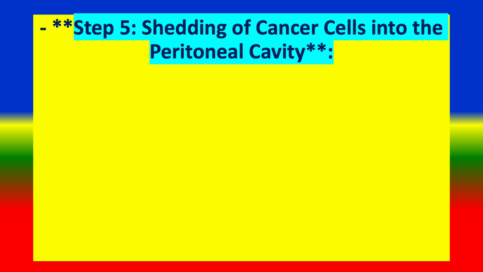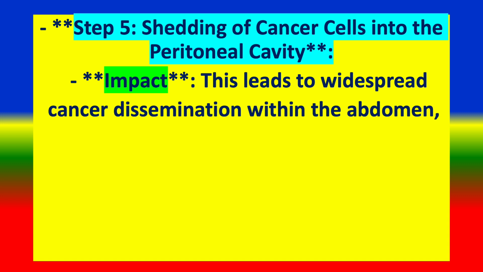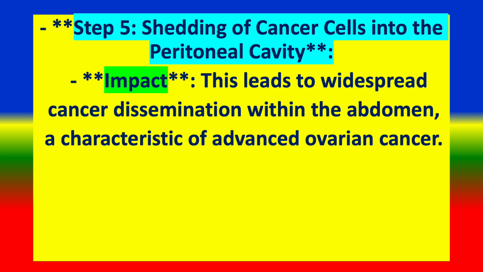Step 5. Shedding of cancer cells into the peritoneal cavity. Impact. This leads to widespread cancer dissemination within the abdomen, a characteristic of advanced ovarian cancer.